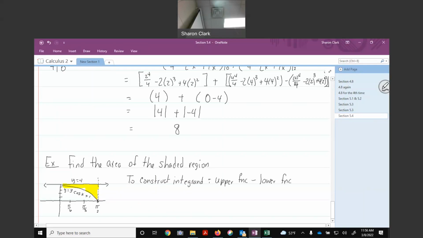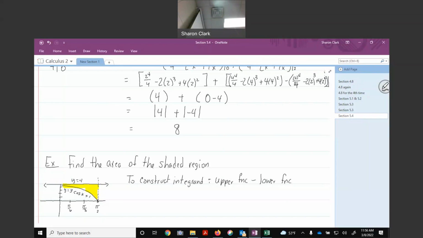Because what we're doing is we're taking the y equals 4, everything below that, which would be a rectangle, that would be 4 by pi over 2. And we're removing what is underneath the cosine, 3 cosine x plus 1. So it's upper function minus lower function.